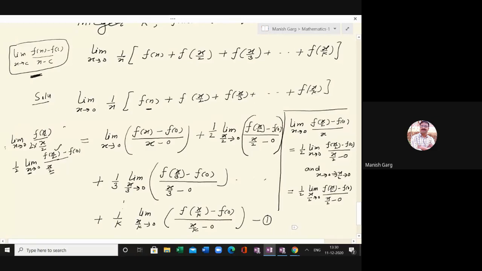These three things should be the same. If x tends to 0, then x by 2 also tends to 0, so I can write x tends to 0 or x by 2 tends to 0. It doesn't make a difference. So it will be limit x by 2 tends to 0 of f(x by 2) minus f(0) over x by 2 minus 0.